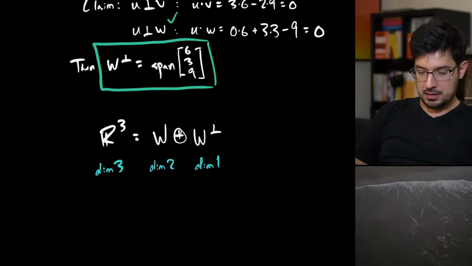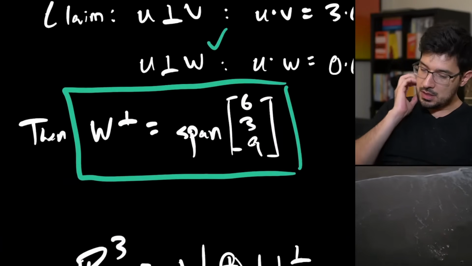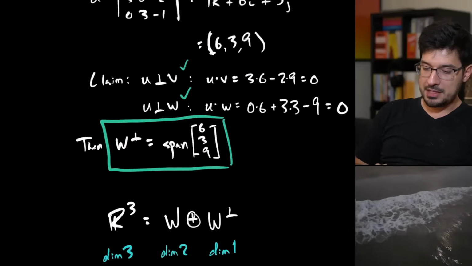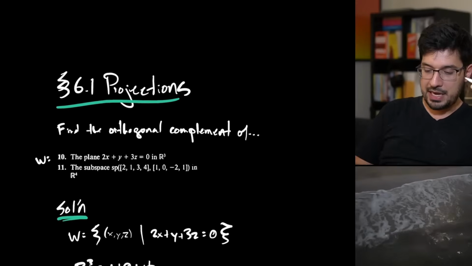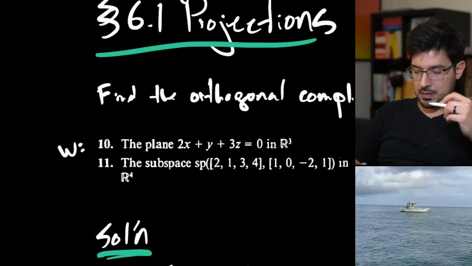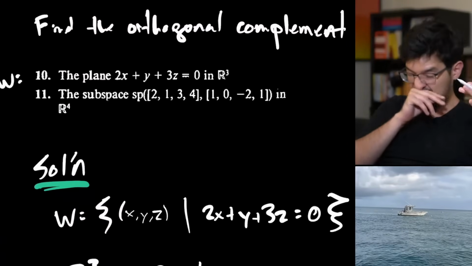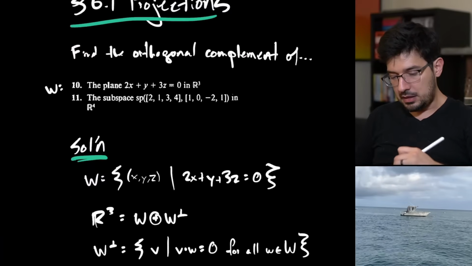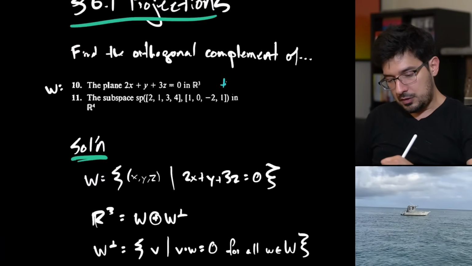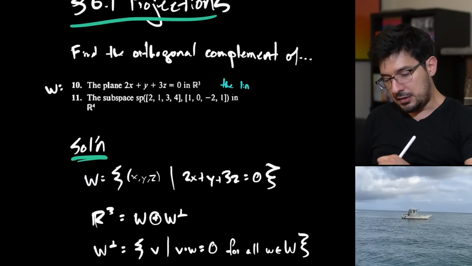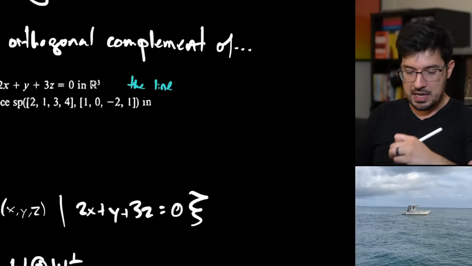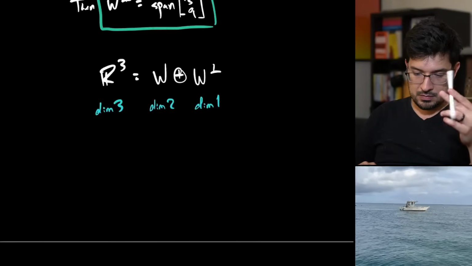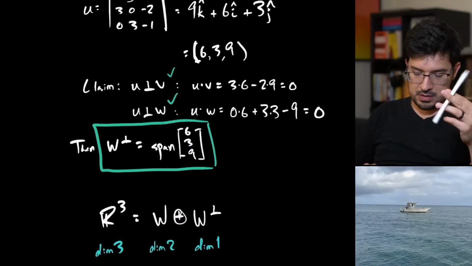So now we found the orthogonal complement of this plane. So how do we express that? The orthogonal complement is the line satisfying... Is it a line?